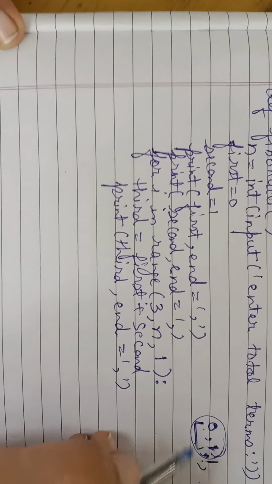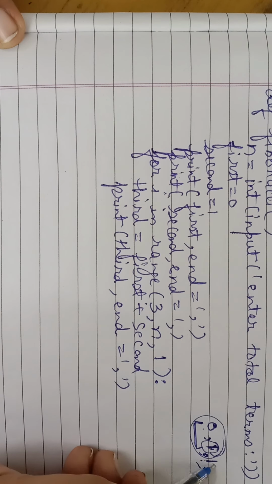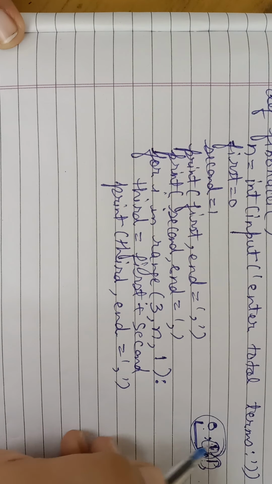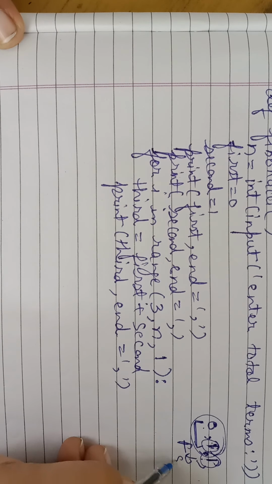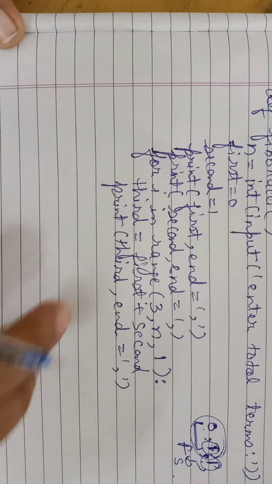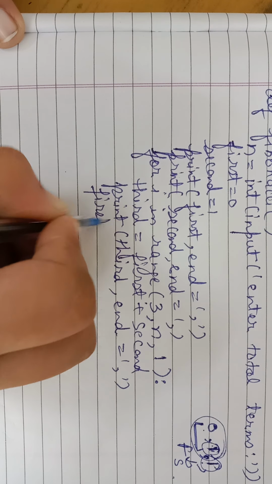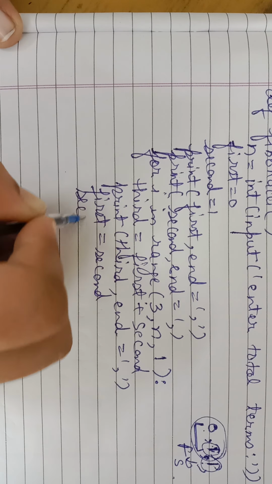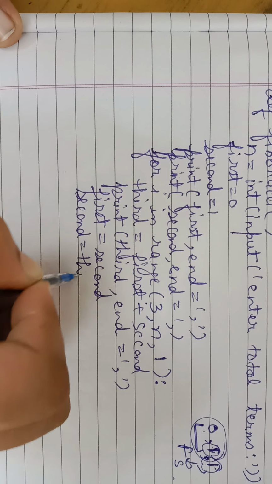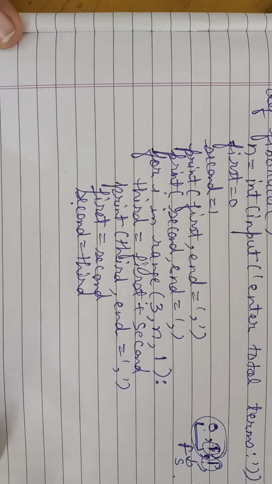After that, notice one thing: the second variable will be the first variable and the third variable will be the second variable to continue generating the series. Okay, so we have to make first is equal to second and second is equal to third.